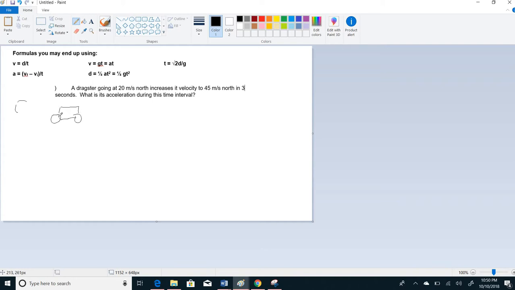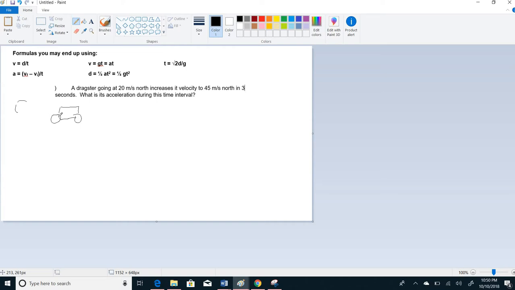And I don't necessarily have to make the vector or the arrow that is signifying movement go upwards, because I can just simply make sure I write north when I write my velocity, and that lets me know that I have a speed with direction, which in turn is a vector of velocity.